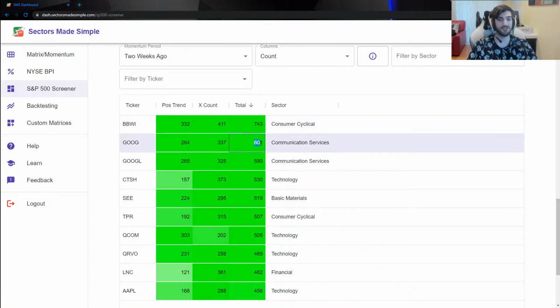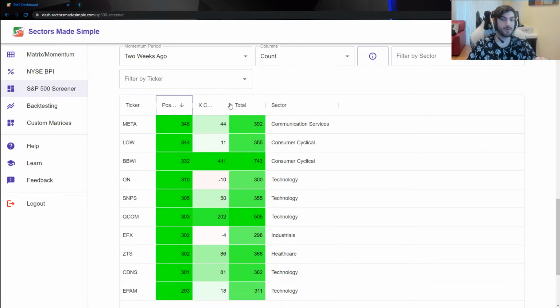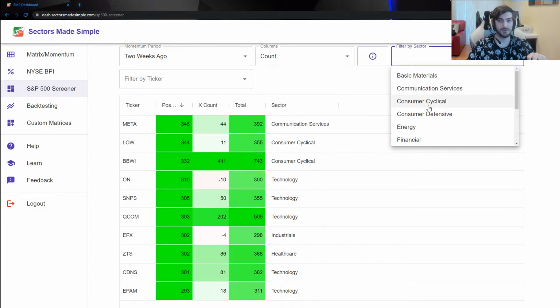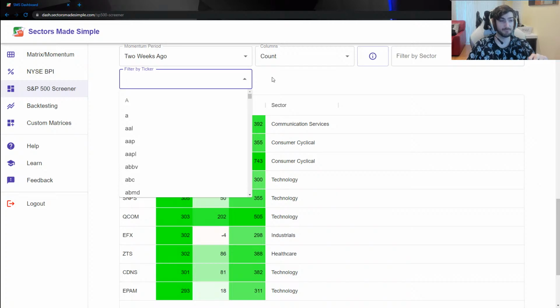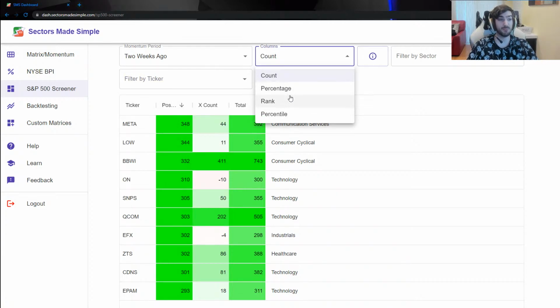Google has gained 601 or 590, depending on if you're looking at the Google or Goog shares. You can sort by X count, you can sort by positive trend, you can filter by sector, and you can still filter by company. And all 4 of those different options, count, percentage, rank, percentile, are supported on this momentum table.